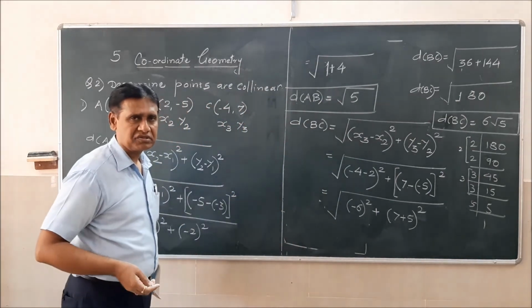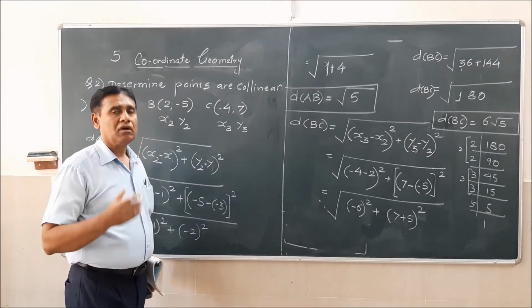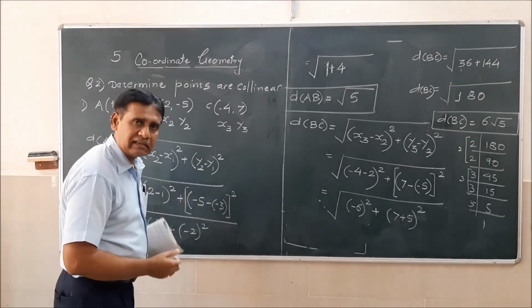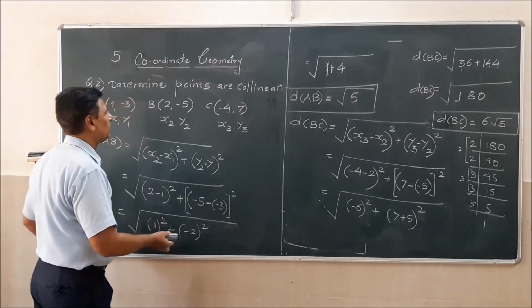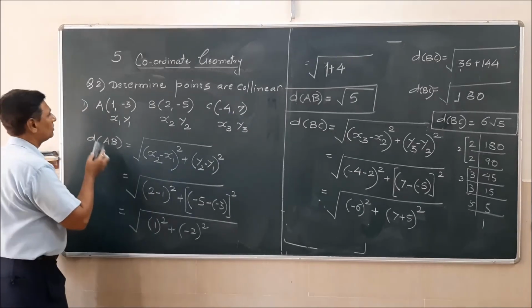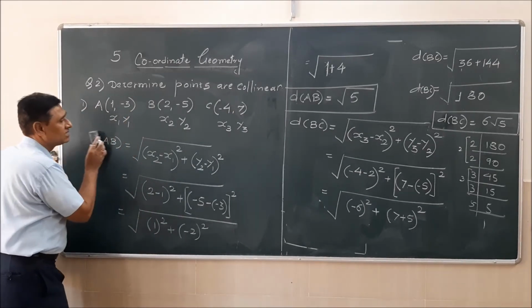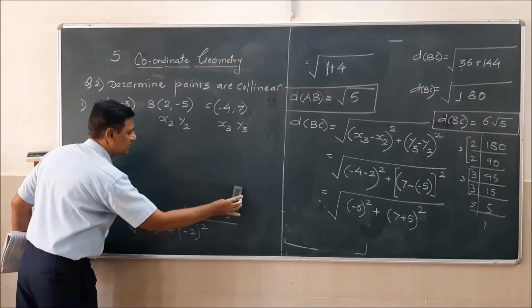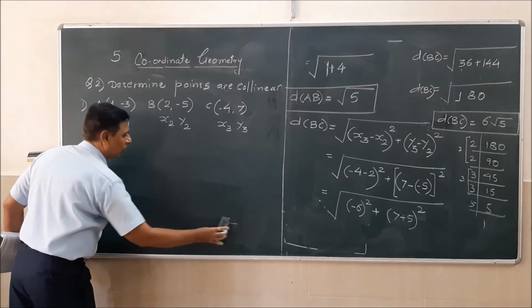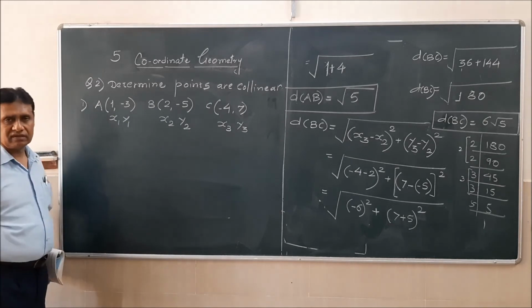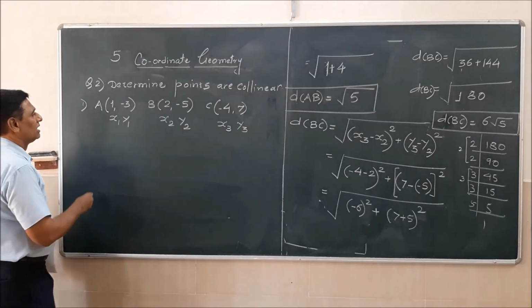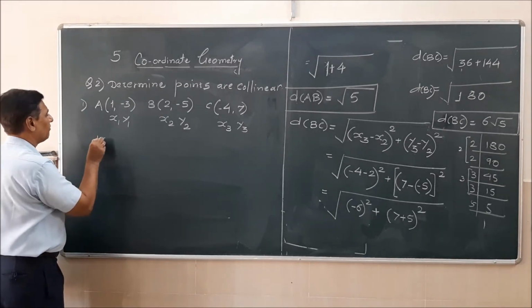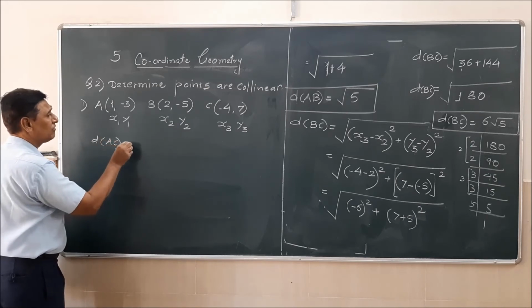Now what is left out? I am going to find out the value of AC. Now we will know the A and C. C is a second point, very important. So I'll write it as coordinates of C first.